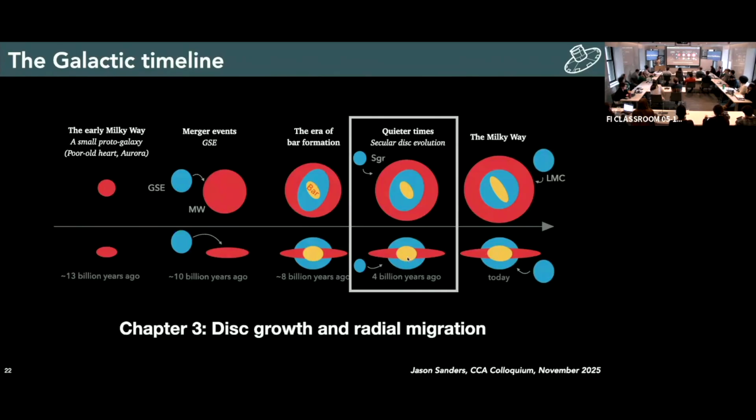There are relatively smooth trends across populations, and so we very definitely seem to be in this period, over the last, here I've said 0 to 8 billion years, where the disk is just slowly doing its thing, forming stars, reshuffling weakly through various scattering processes. So I'm going to try and flesh those ideas out a little bit now.